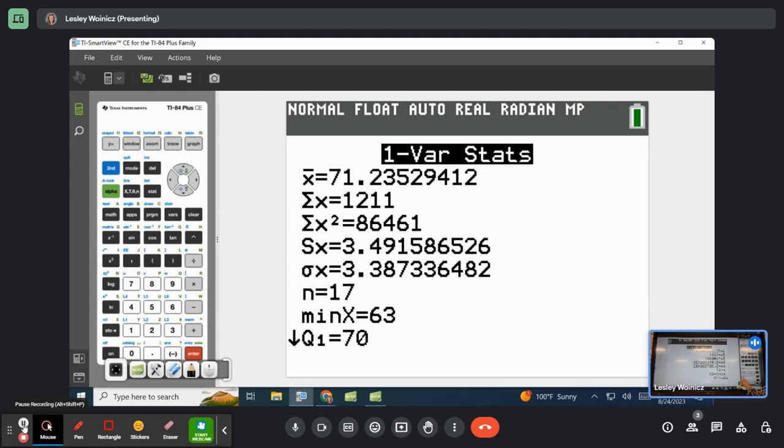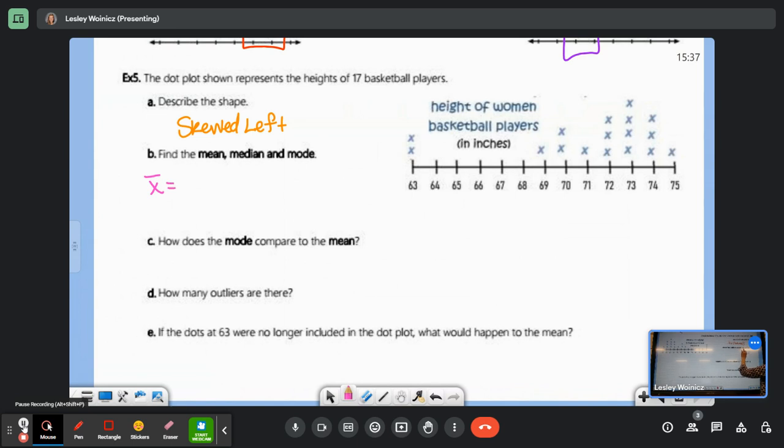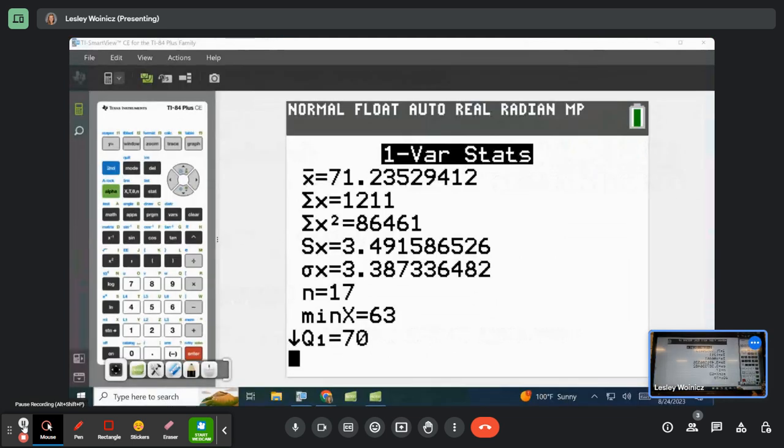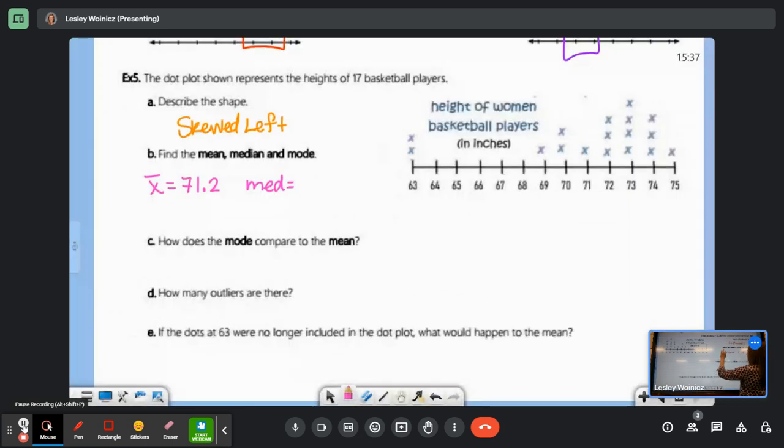Okay, so the mean, we're going to call that the angry unibrow. 71.2. Median, arrow down. Median is 72.